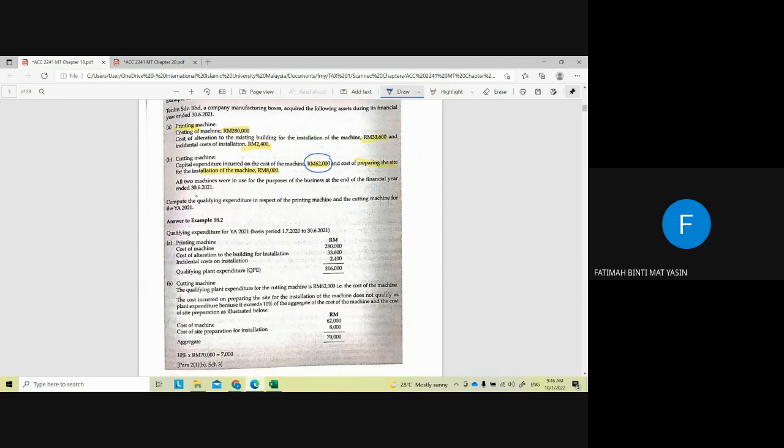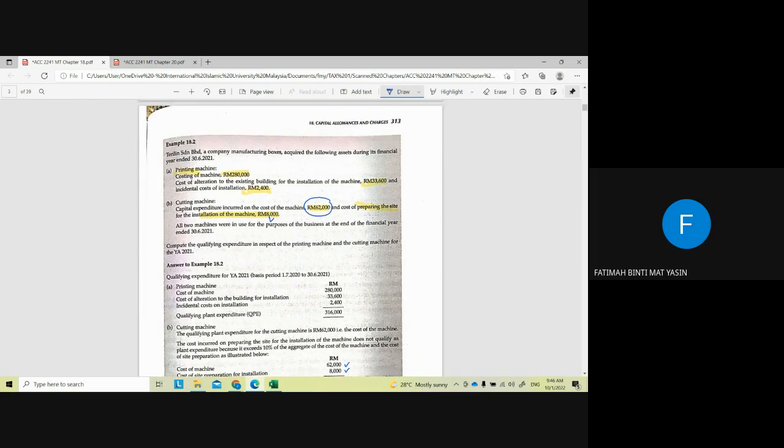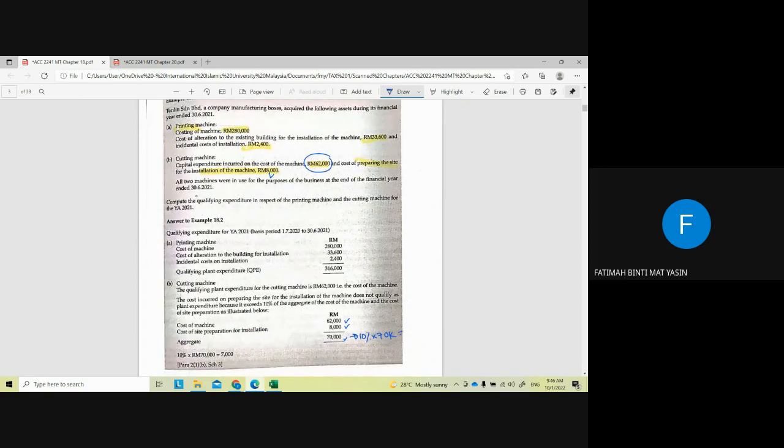And then for this one, you need to test whether it exceeds 10% of the aggregate amount or not. Okay, so how you determine that is, 62,000 you plus with 8,000, which is the cost incurred for preparing the site for the installation. Okay, so the total is 70,000. Now you must calculate 10% of 70,000. If you calculate 10% of 70,000, how much do you get? Class? 7,000.